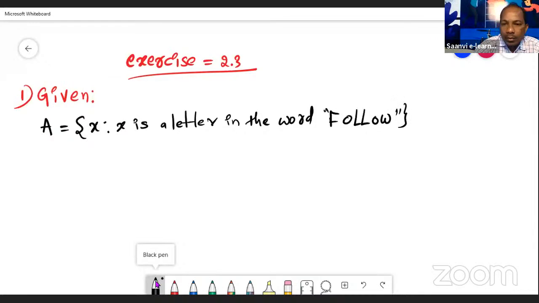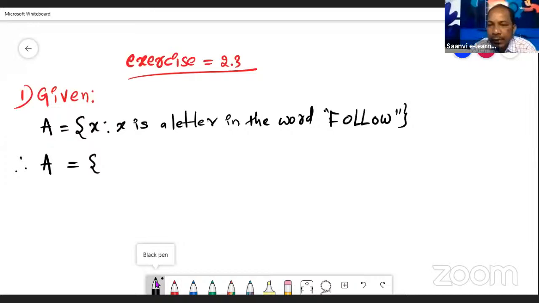Okay. Next, set B is given. So here, first write the roster form of these sets. So therefore, A is equal to X such that X is a letter in the word follow.